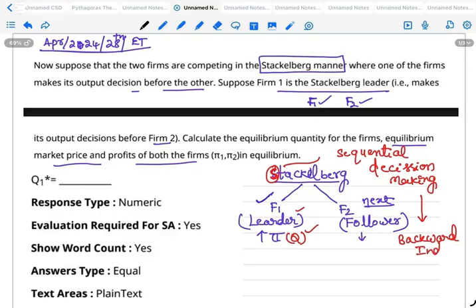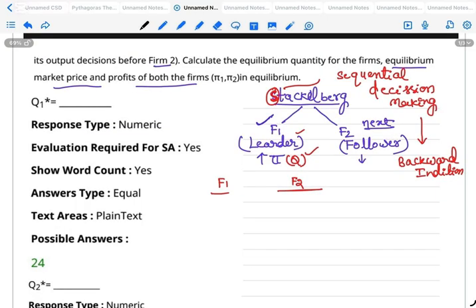In the same question, like Pepsi and Coke entering the market, the example they explained in the lectures. Find revenue 1 and revenue 2, profit 1 and profit 2, and Q1 and Q2.